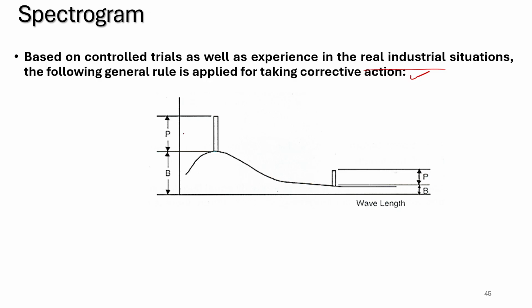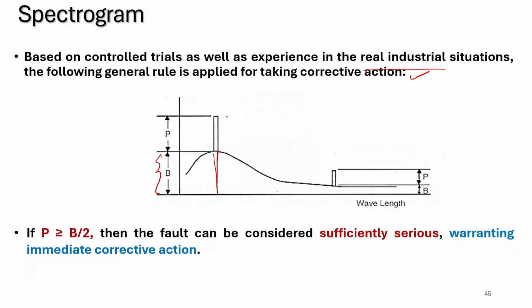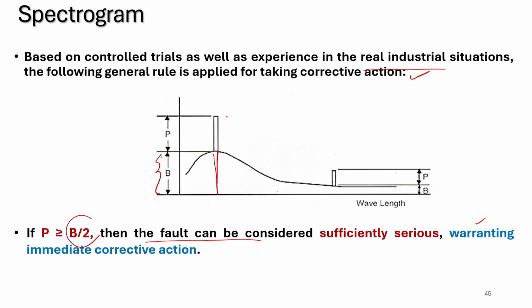P is the height of the chimney above the basic spectrogram, and B is the height at the point where the chimney is occurring, and the relationship is that P should be more than or equal to half of B. If it is, then the fault is considered significantly serious and a warning can be given, and if it is less than that, then we can just take some precaution, but we do not have to be worried about correction.